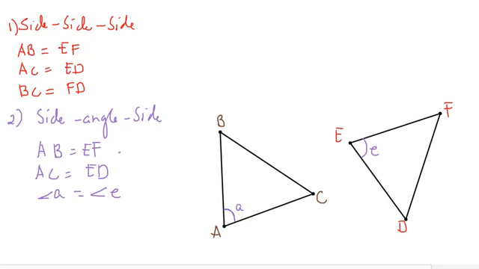So this is a side, and there is an in between angle, and there is a side again. And that means that they are congruent.